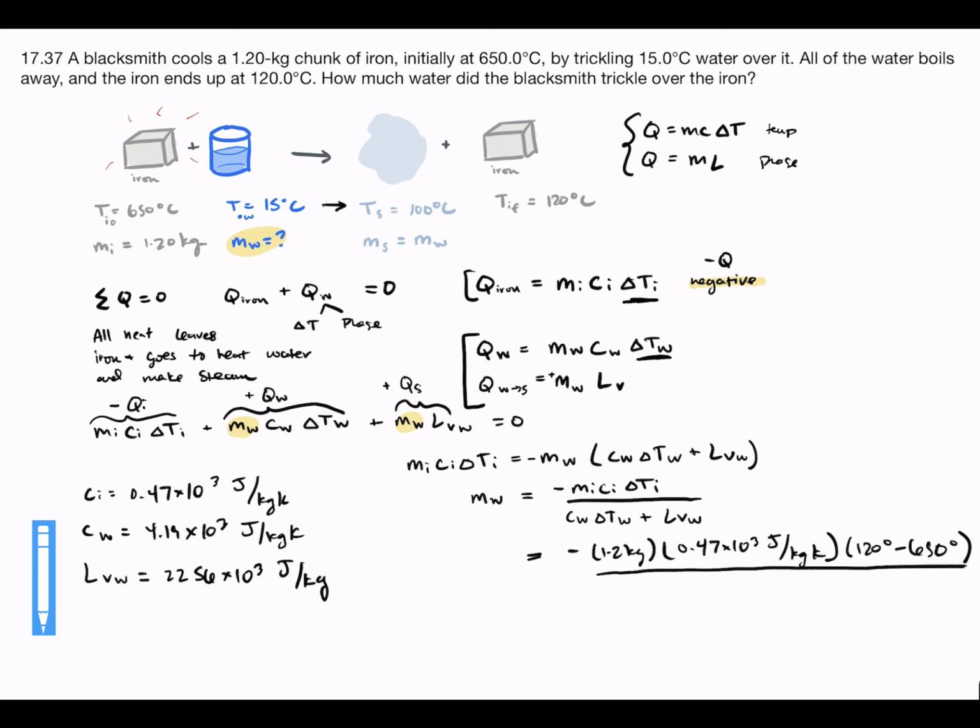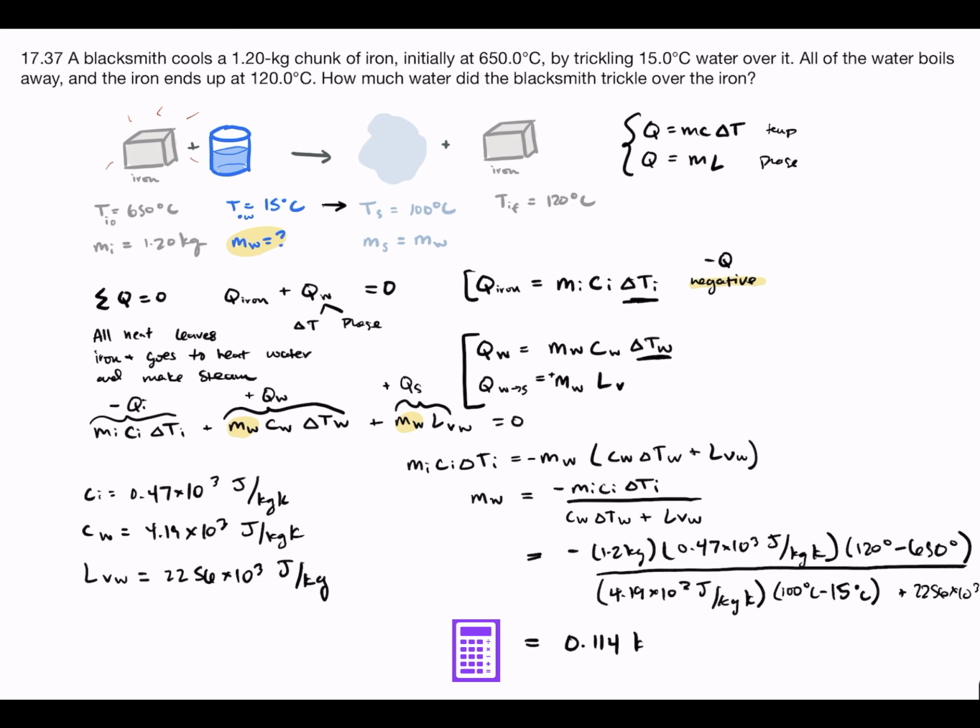In the denominator, we have the 4.19 times 10 to the third joules per kilogram Kelvin, the specific heat of water. The change in temperature should be 100 degrees C minus 15 degrees C. And then we're adding this 2,256 times 10 to the third. When you plug all this in, you get 0.114 kilograms.